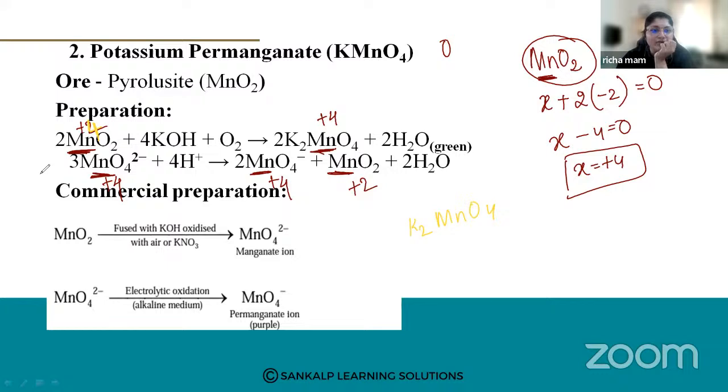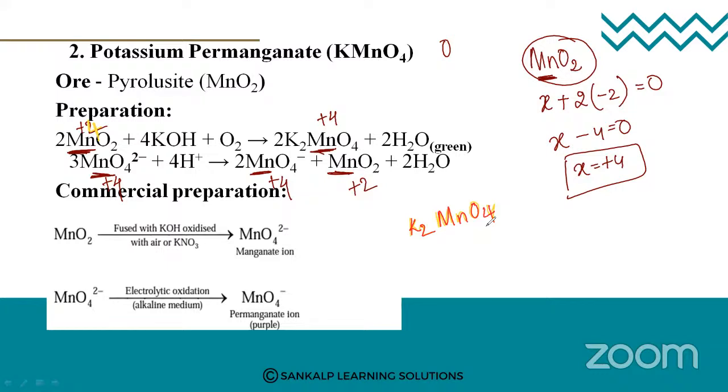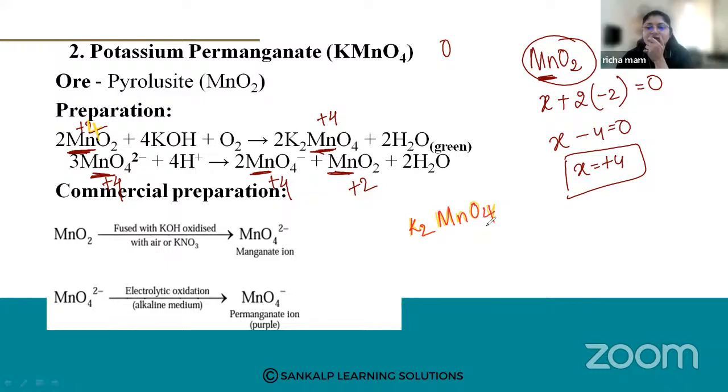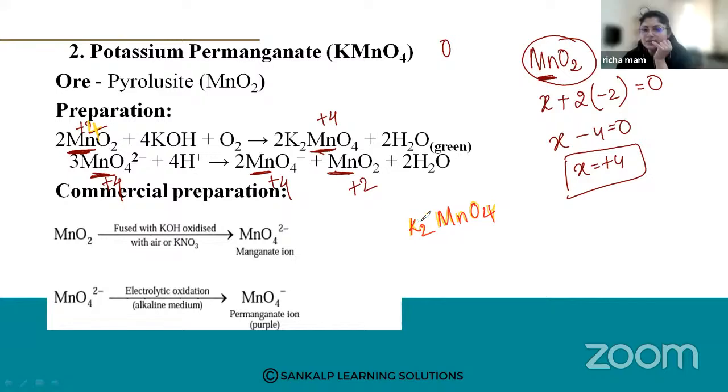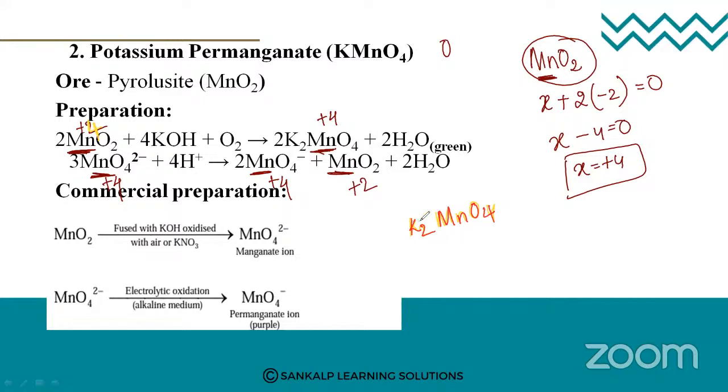Now similarly, apply this for K2MnO4. Can anyone tell me the charge on K? Potassium is an alkali metal.